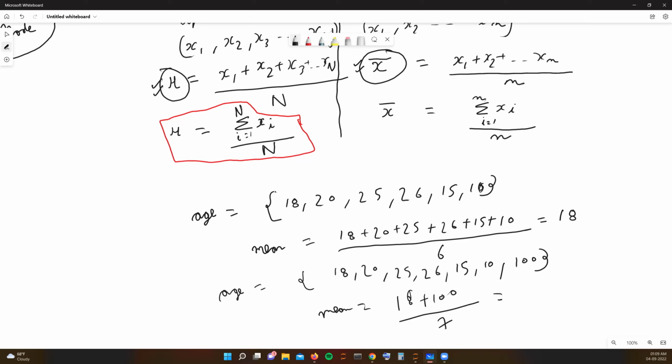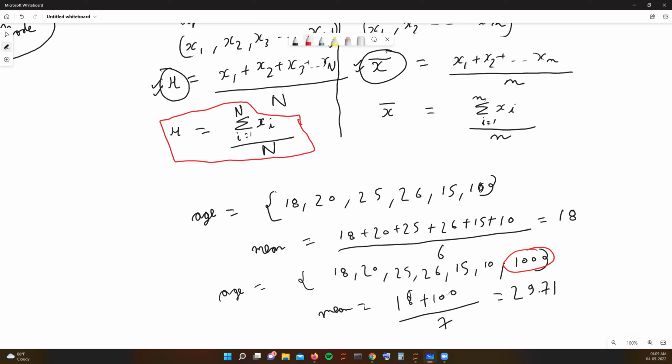The mean will come around 29.71, right? By just adding one outlier, my mean has changed significantly. Around 11 years of change in the mean value of ages has happened, so the mean changed very much by adding only one outlier.